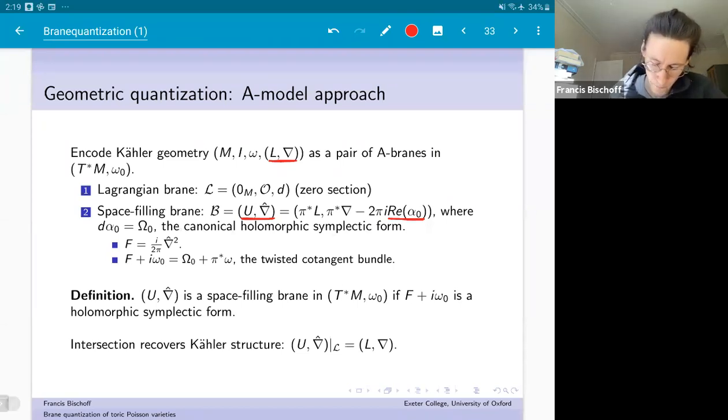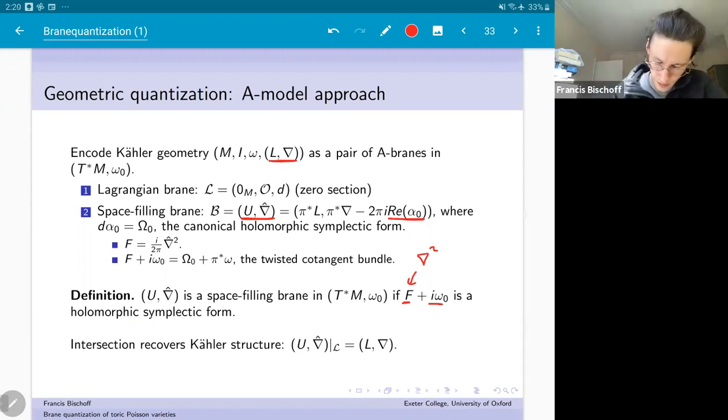Okay, so why does this define a brane? Let me recall the definition. A unitary line bundle with connection is a space-filling brane if when we take its curvature F, the curvature of the connection, and add it to i times the symplectic form, this gives a holomorphic symplectic form.